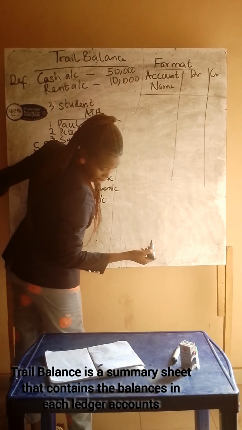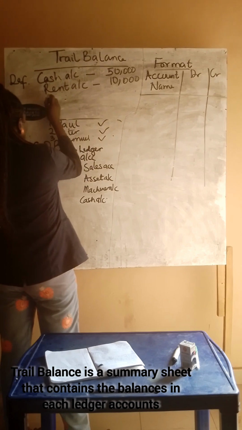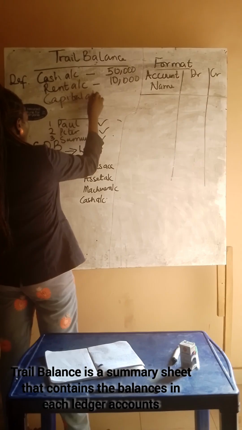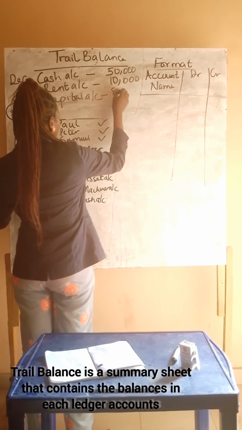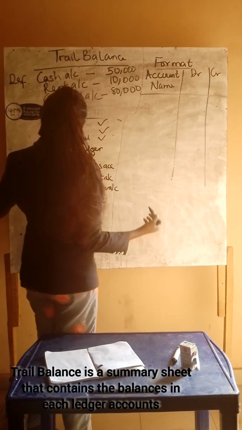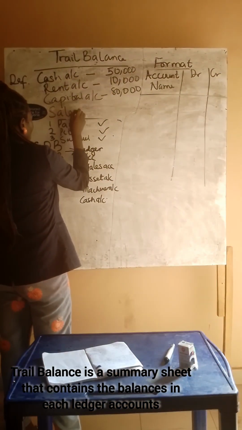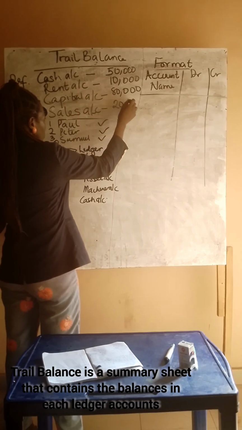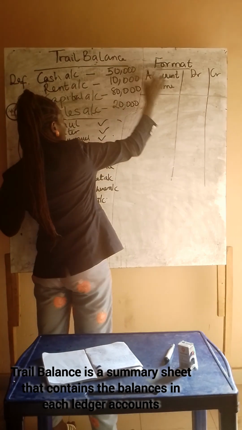And then we have our capital account. What I have there is 80,000 naira. And then I have one last account, which is my sales account, and the balance there is 20,000 naira. So now I'm going to leave these balances and put them here.